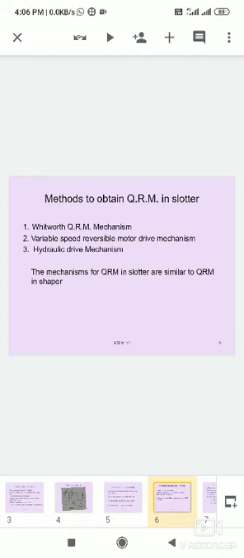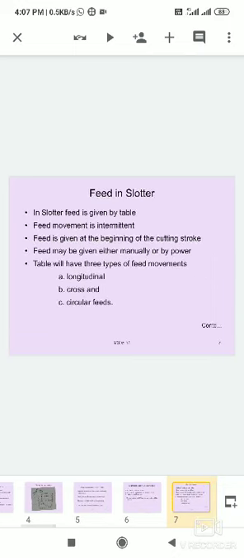The first one is the Whitworth quick return mechanism, the second is the variable speed reversible motor drive mechanism, and the third one is the hydraulic drive mechanism. The quick return mechanism is shortened to QRM in the slotter, similar to the QRM in a shaper.